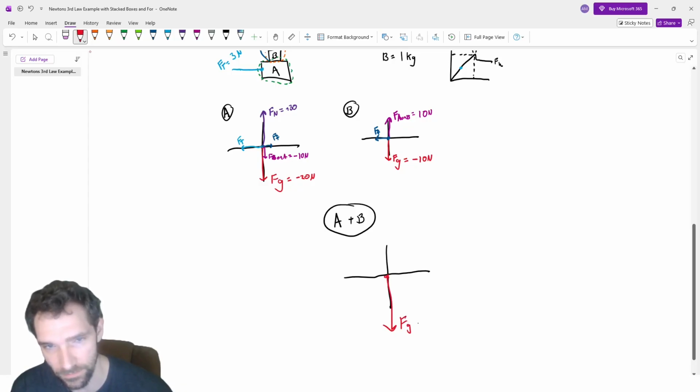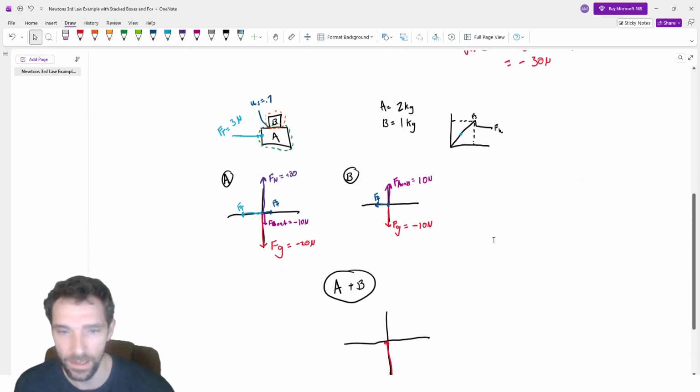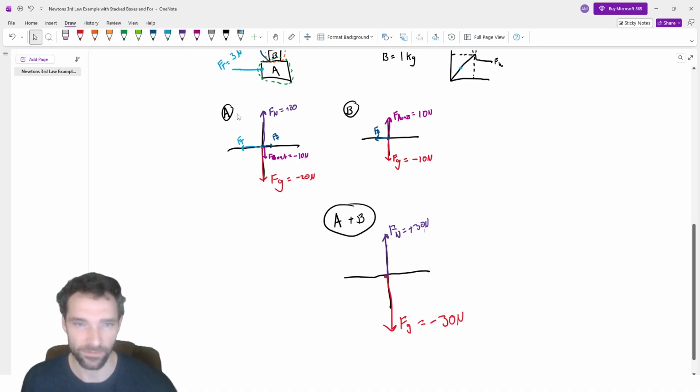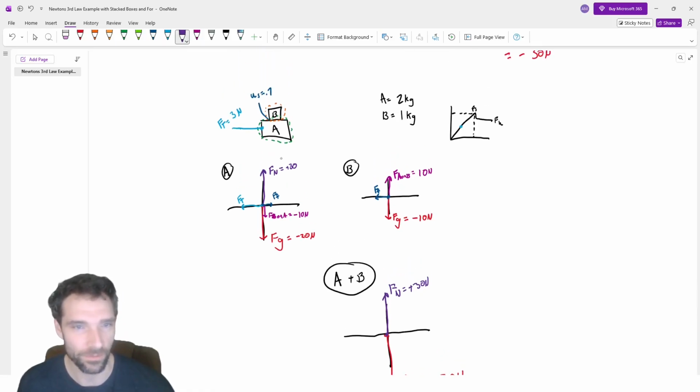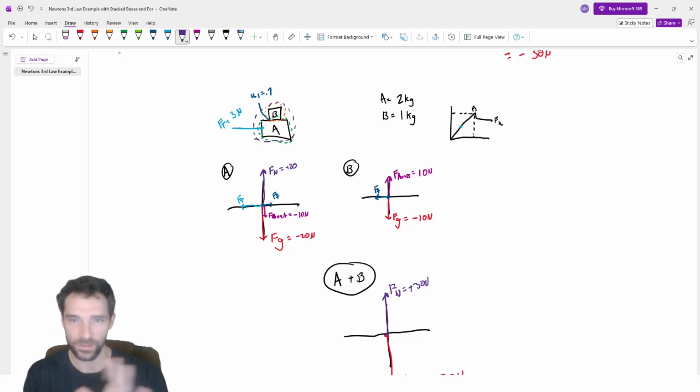You've got a force of gravity of negative 30 newtons, like what we saw earlier here, and you've got a force normal of positive 30 newtons. The internal force, that friction, if you think about A and B together, is an internal force we don't need to worry about. We're just worried about what's acting on it, pulling it sideways.